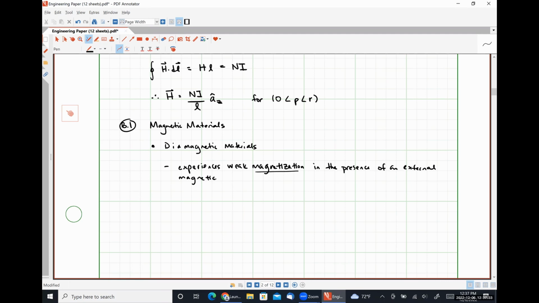So if we apply a magnetic field using an electromagnet or something like that, we experience weak magnetization. They produce a magnetic field opposite in direction to applied magnetic fields.